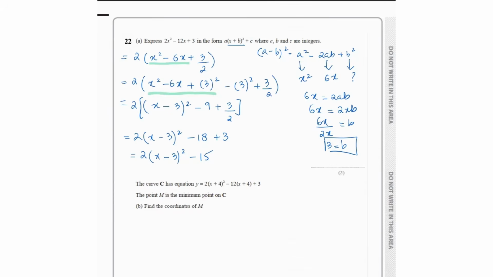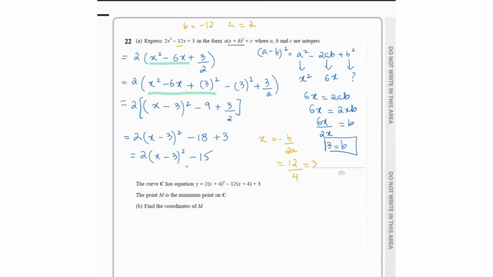The other way is using the line of symmetry equation, which is x equals negative b over 2a. So for that, b is negative 12, a is 2. So you can put in this equation. That would give you the vertex, which is this value b over here. So that's positive 12 over 4, which is 3, the same as this.